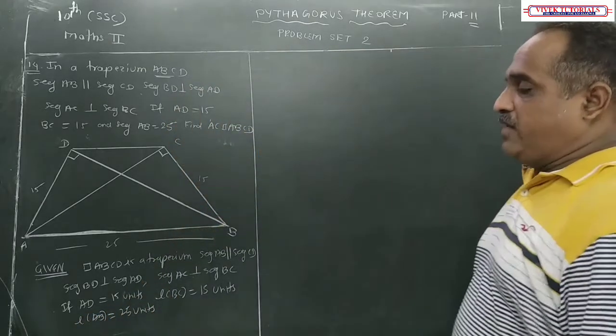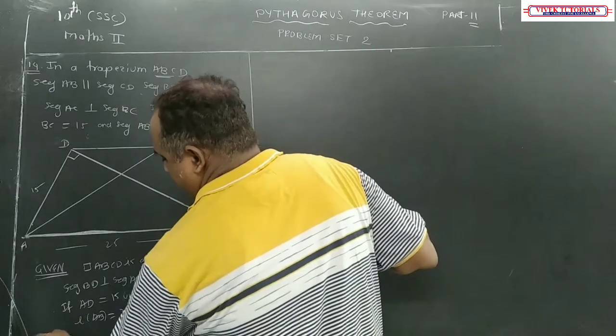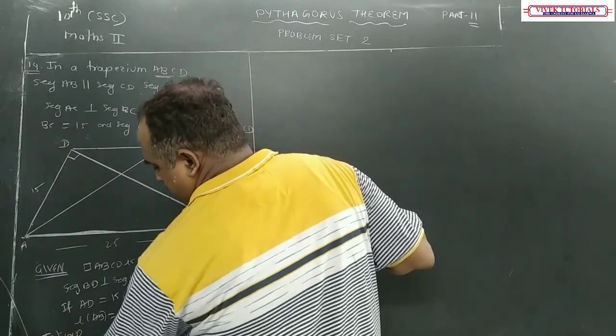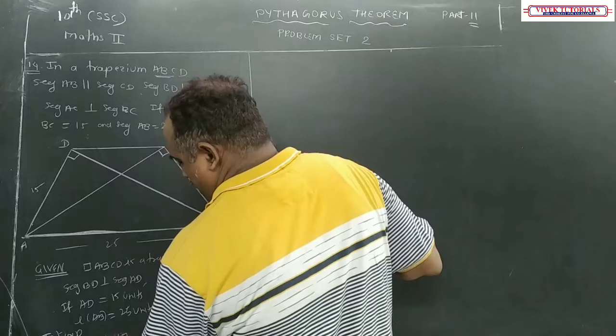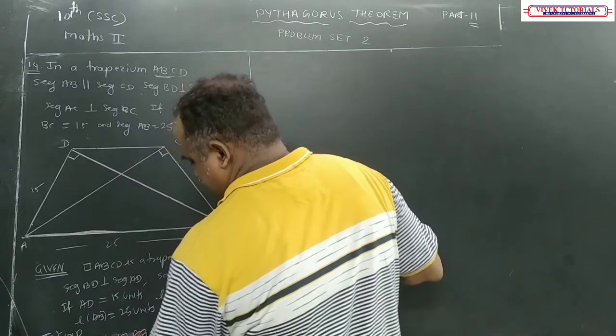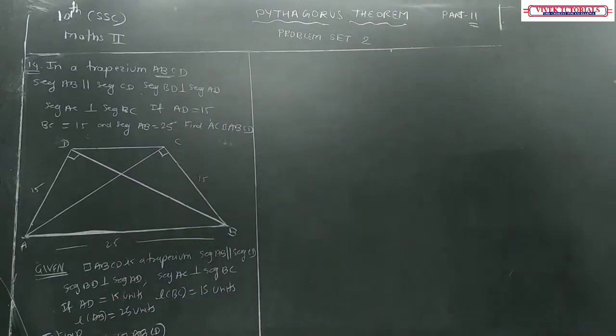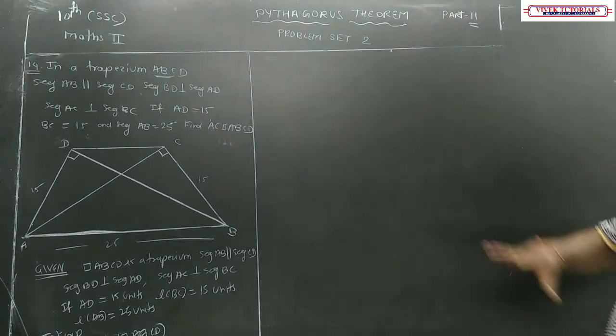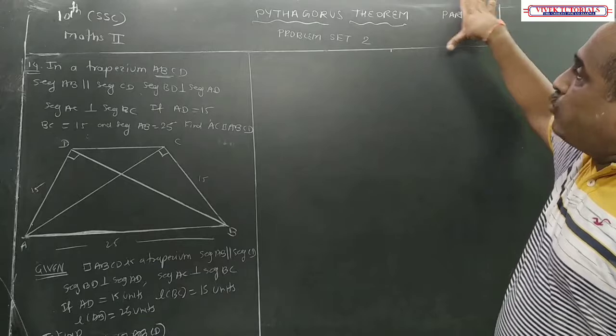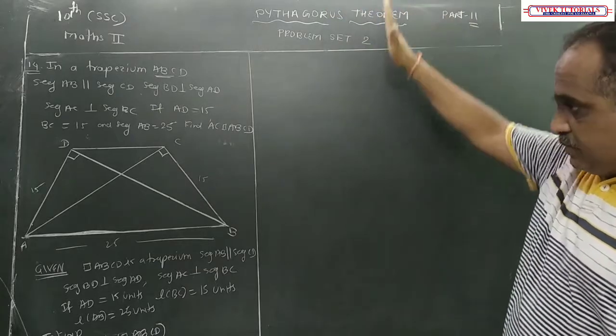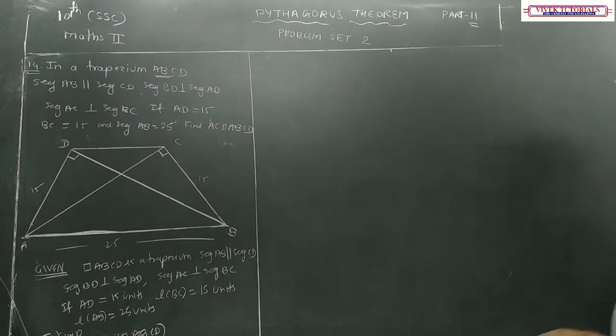And what they have asked to find is the area of quadrilateral ABCD. So we have to find the area of trapezium ABCD. Students, as this question is a little bit lengthy, I am going to remove this part because I require this part also to copy down.